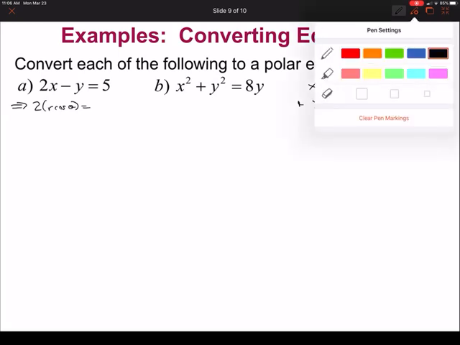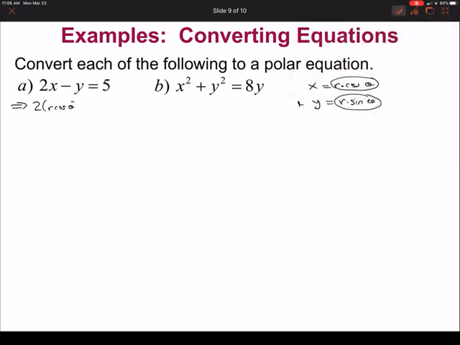And then let's go ahead and subtract y, and y we know is r sine theta, equal 5. There it is. So we've taken out x and y and written it in terms of r and theta. Pretty straightforward. Now as we simplify, that's 2r cosine theta minus r sine theta equal to 5.